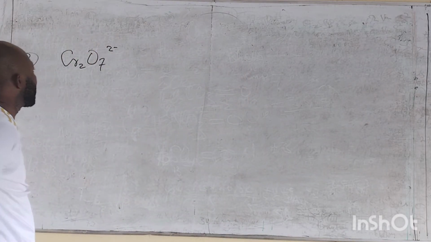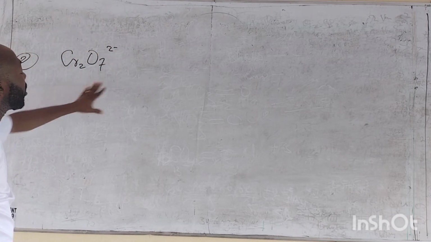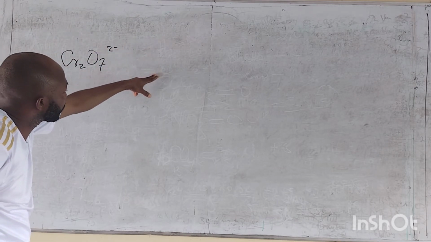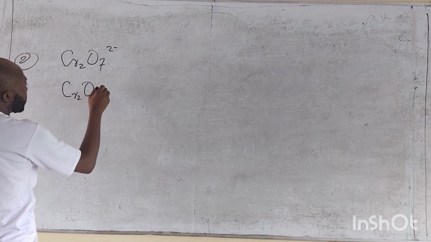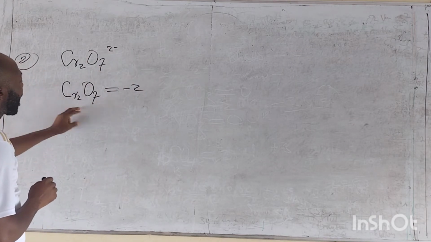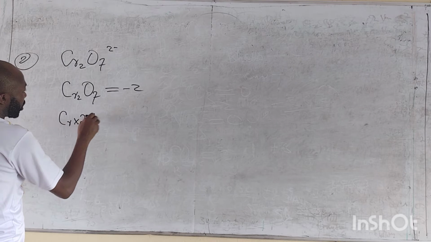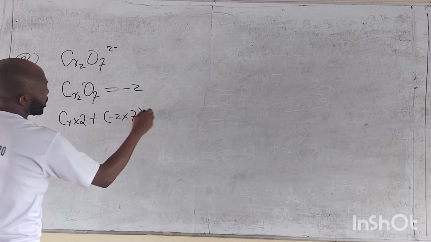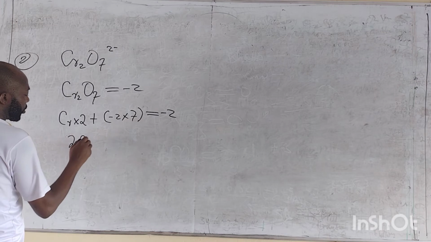Now remember we say the algebraic sum of the oxidation numbers in an ion, or a compound, is equal to the charge, which is minus 2. So therefore I can have Cr2O7 is equal to minus 2. Now we're looking for chromium, but I have 2 attached to it, so this becomes chromium times 2, plus oxygen, which is always minus 2, times 7. This is equal to minus 2. Chromium times 2 is 2 chromium.